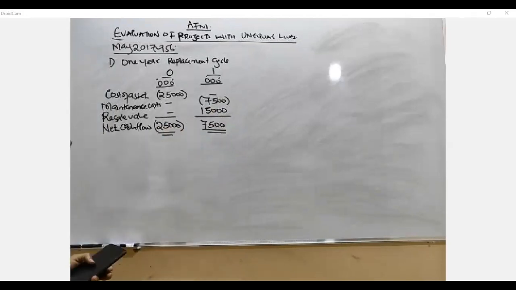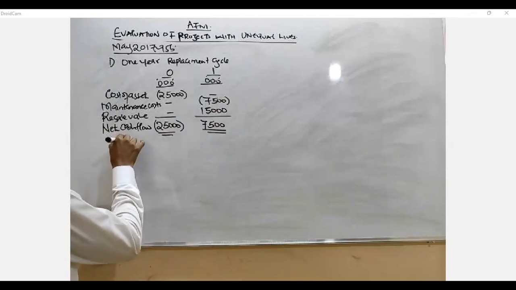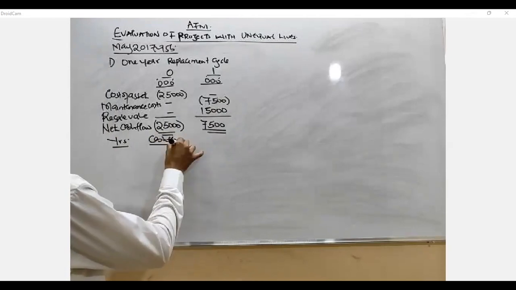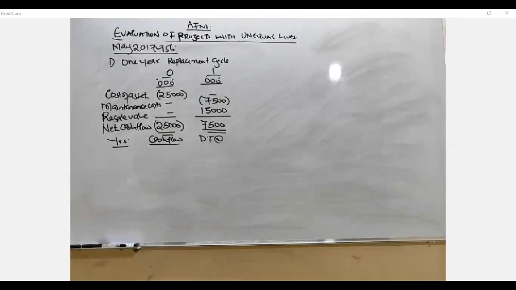Correct. Now, someone might want to calculate the NPV. Are we together? If you want to calculate the NPV, take the years. You have your cash flow. Then we have the discount factor. I know we are talking about a discount factor at 10%.